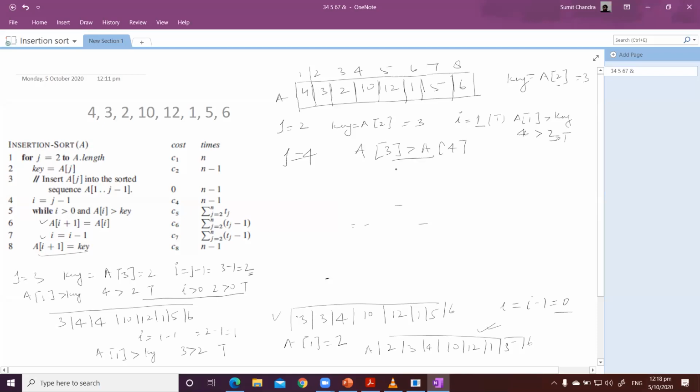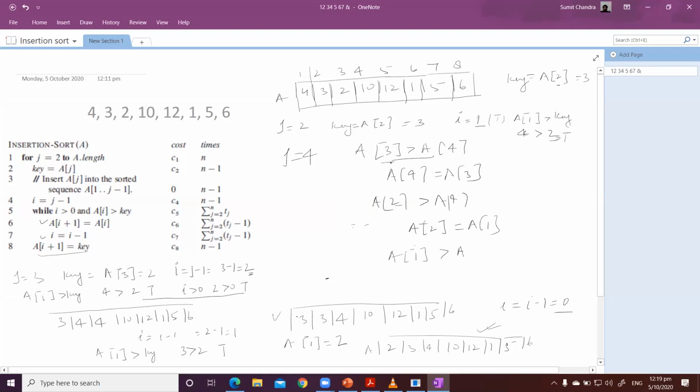If it is greater, then A4 will be equal to A3. Then again you will check whether A2 is greater than A4 or not. If it is greater, then A3 will be equal to A2, and again you will check A1.